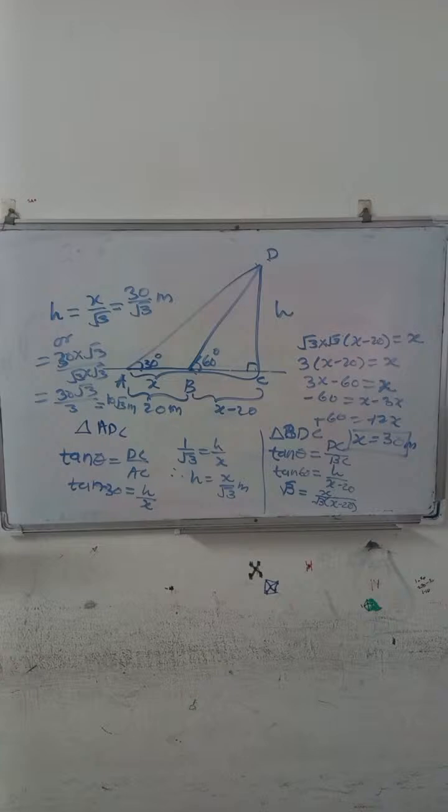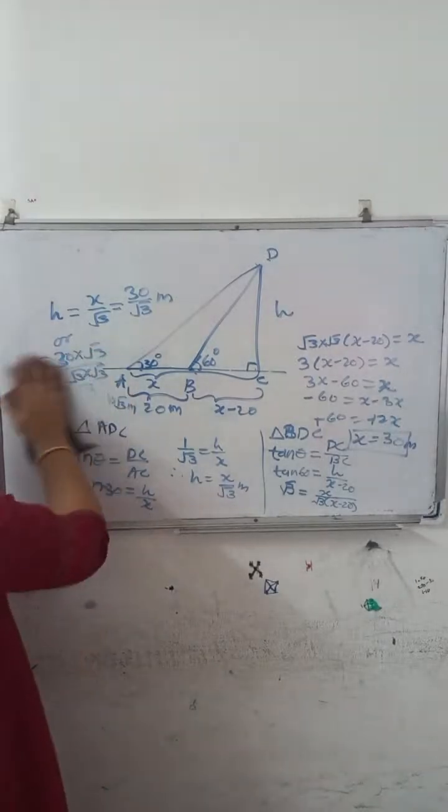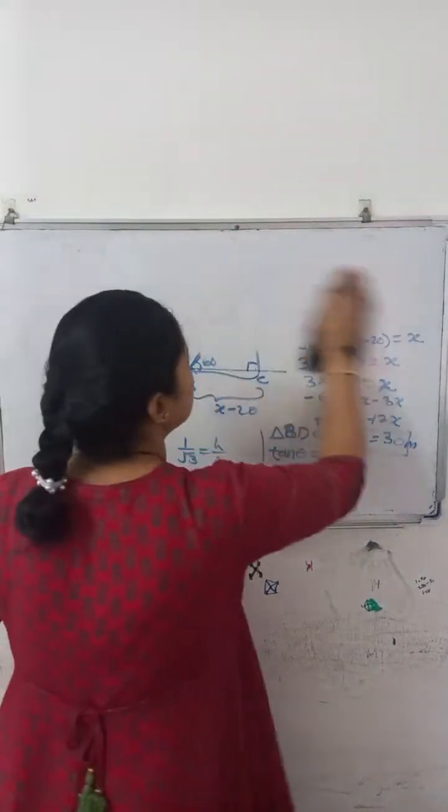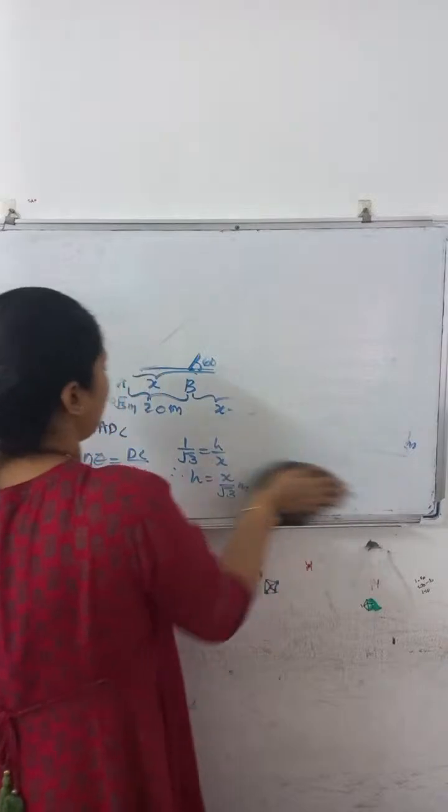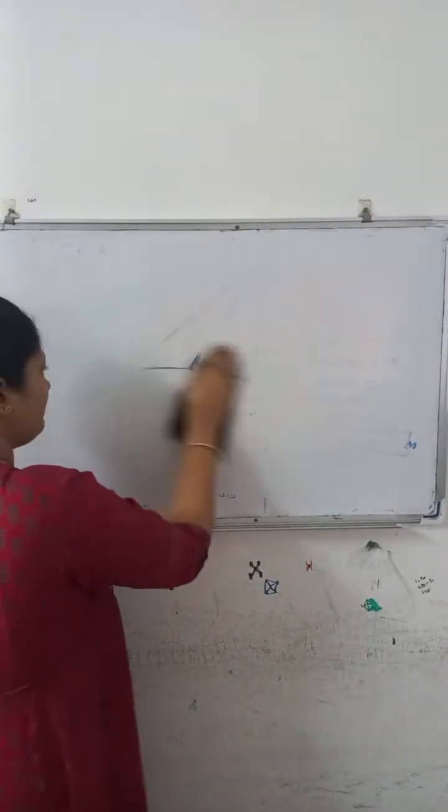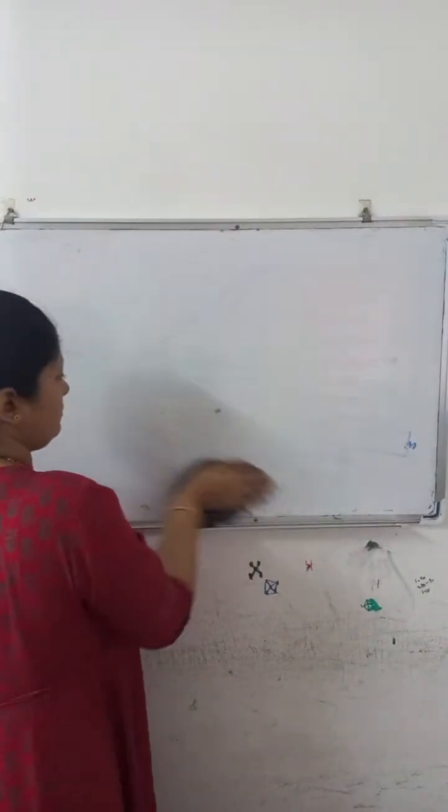Find the ratio of the heights. The midpoint is a very important hint given in the question. I will try to solve this and you can verify your answers with me.